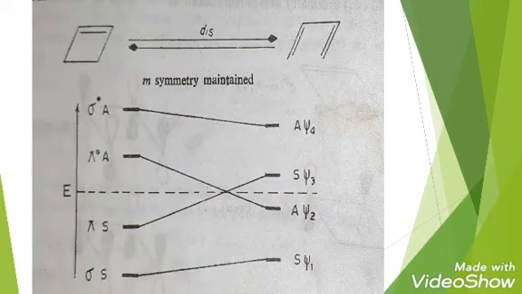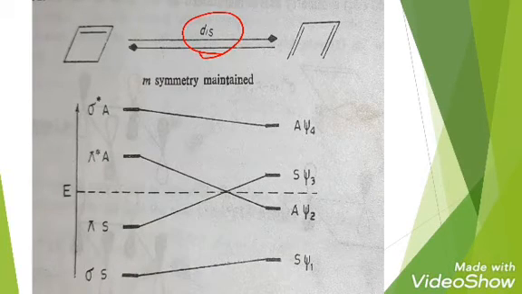This is the correlation diagram of cyclobutene to butadiene conversion. If it is a disrotatory mode, then the mirror plane of symmetry is maintained throughout the reaction.